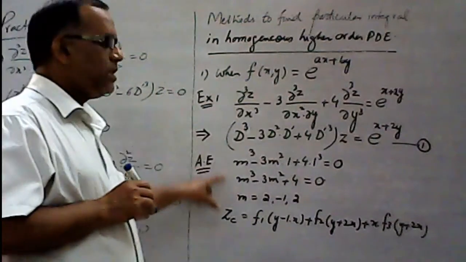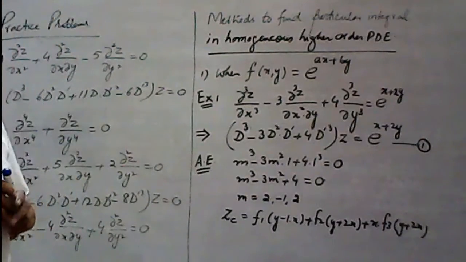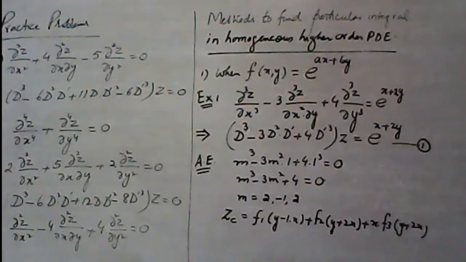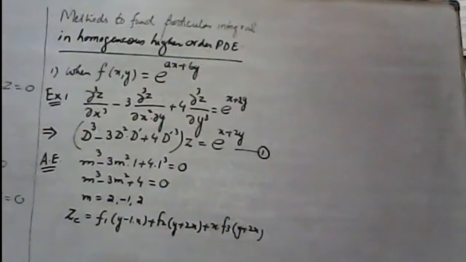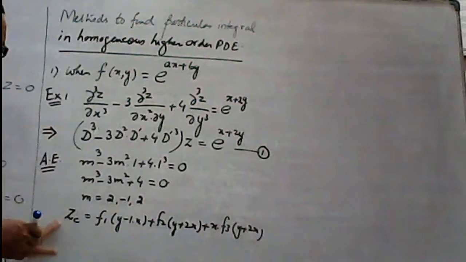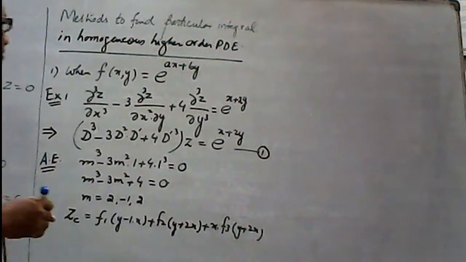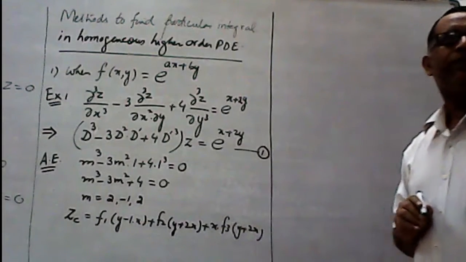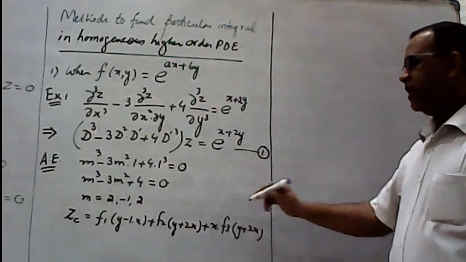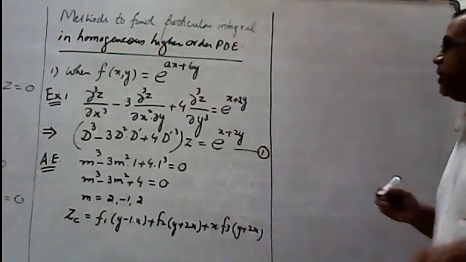I am solving this example right from start to end, and from onward I will just find a particular integral. So this is the complementary function of this example, and now we are moving to the particular integral.